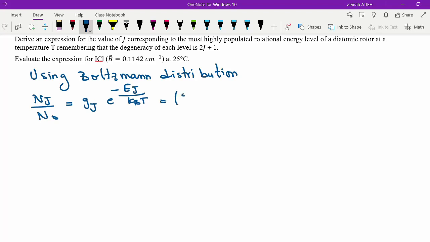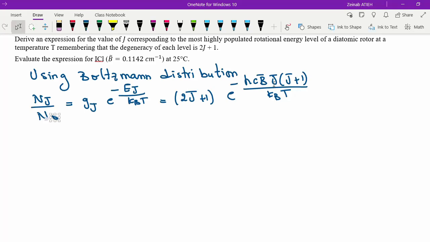The degeneracy is 2J plus 1, times exponential minus the energy, which is equal to hcB bar J(J plus 1), over kBT. As you can see, this distribution is a function of J.